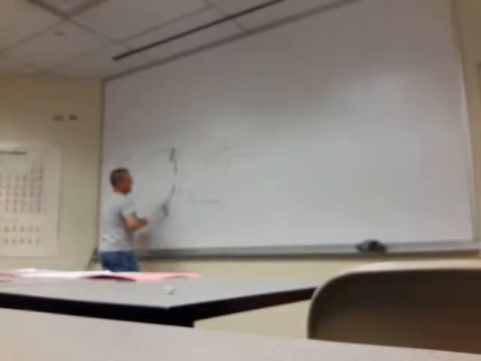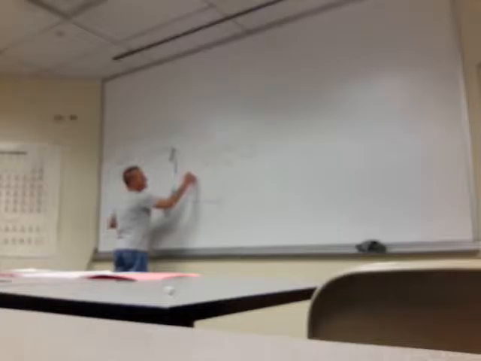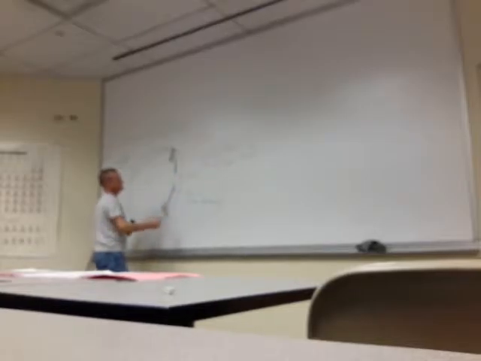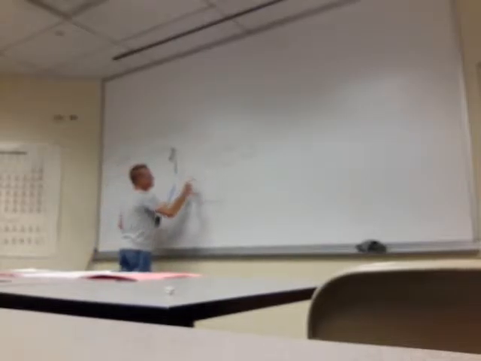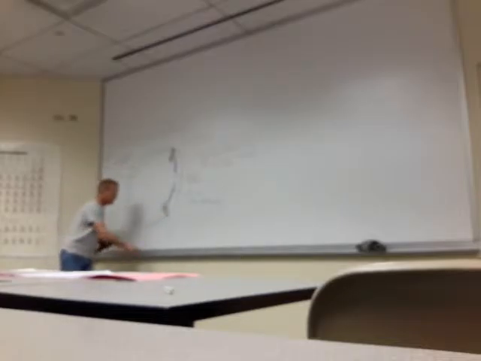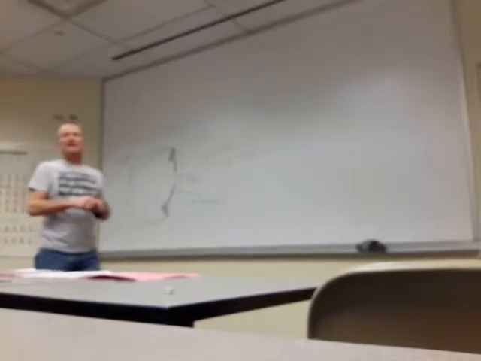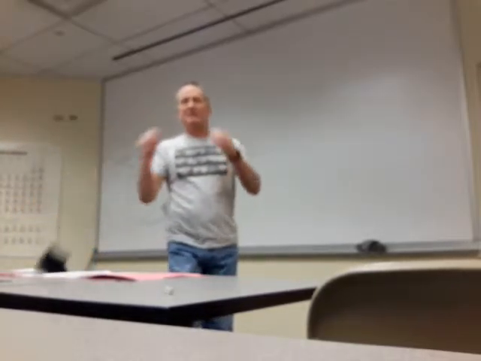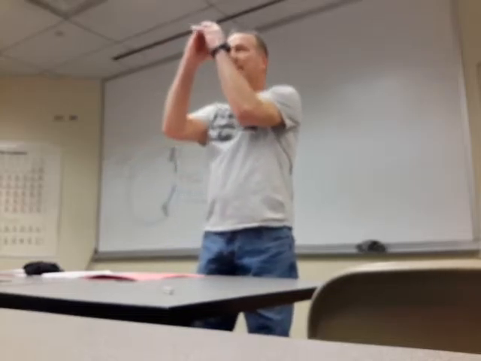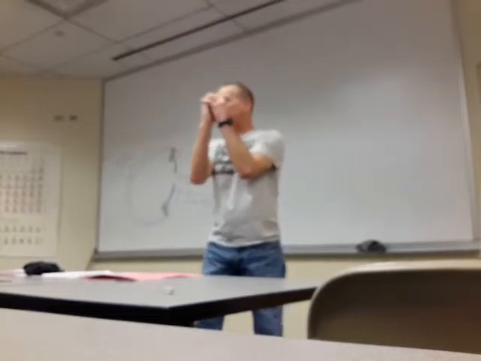The hole in the iris is the pupil. So the musculature of the iris is able to contract and relax, which allows the pupil to dilate and constrict according to the light levels.